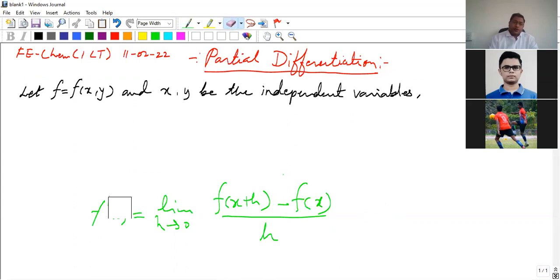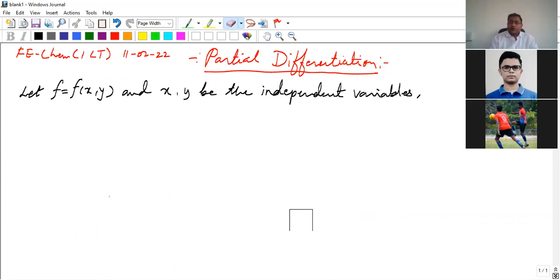The next important thing that we need to understand is that whenever we are finding the derivative with respect to one variable, the remaining variables are treated as constants.